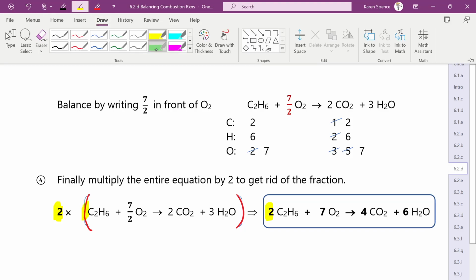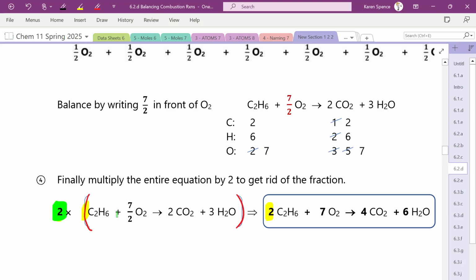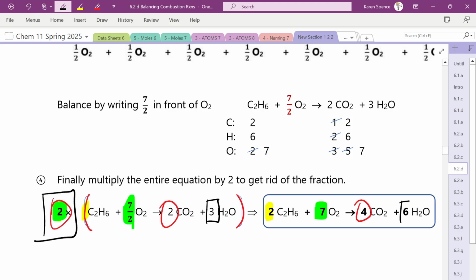We have 2 times 7 halves is 7. We have 2 times 2 is 4. And we have 2 times 3 is 6. And that would be our final answer. Is that good? Okay.